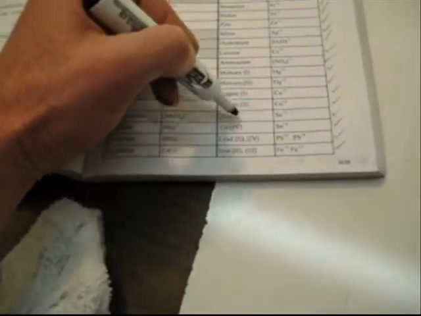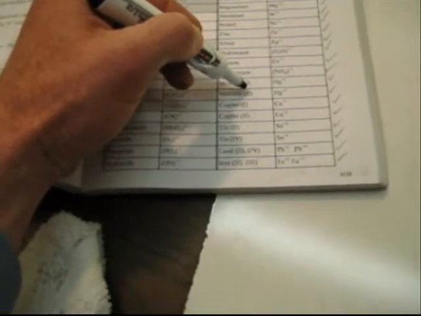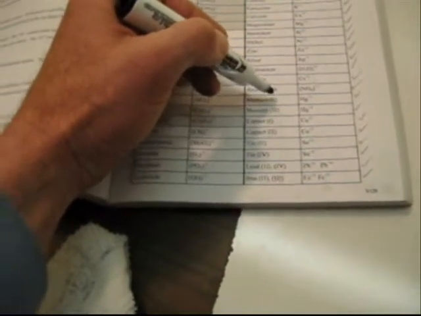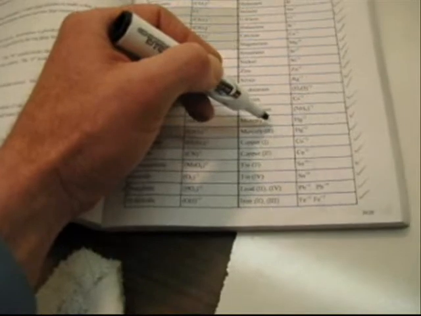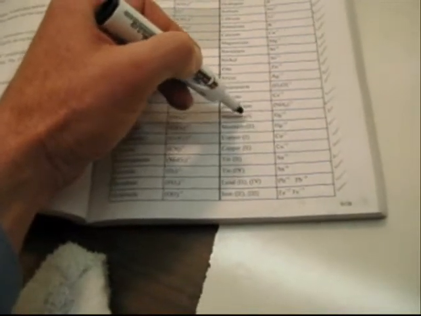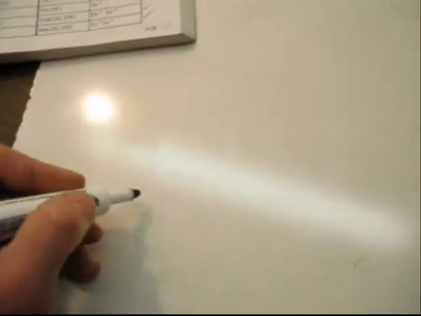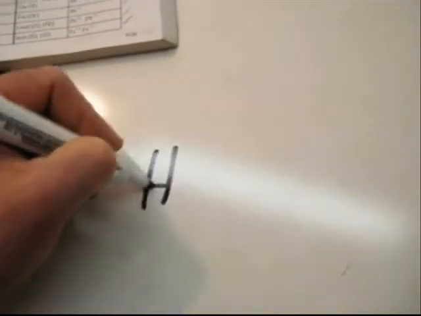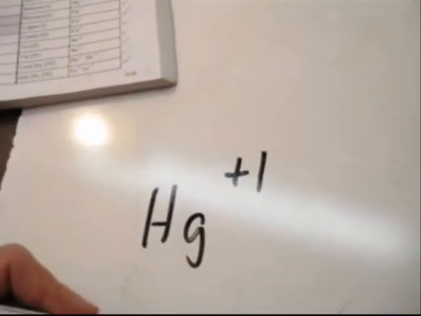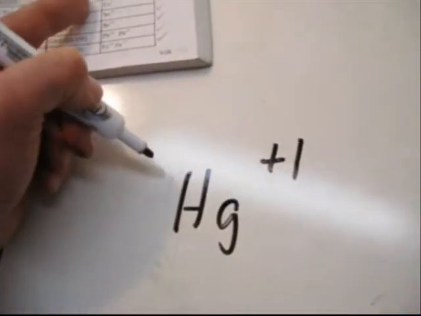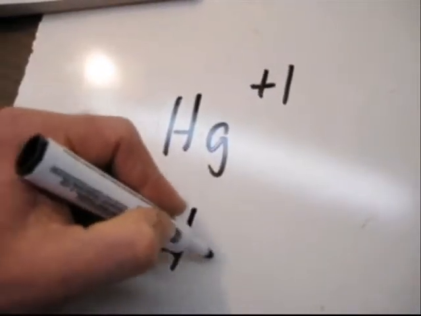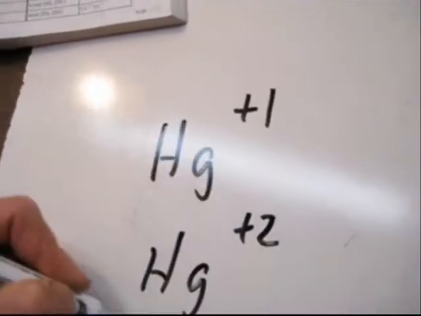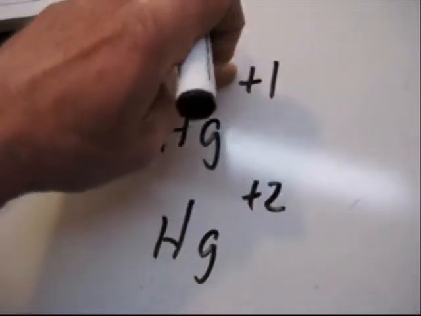The Roman numeral here tells the charge that the cation is utilizing at that time under those conditions. So mercury 1, if it's mercury with the Roman numeral 1, it's just Hg plus 1. Mercury 2, Roman numeral 2, is Hg plus 2. So the Roman numeral tells the charge.